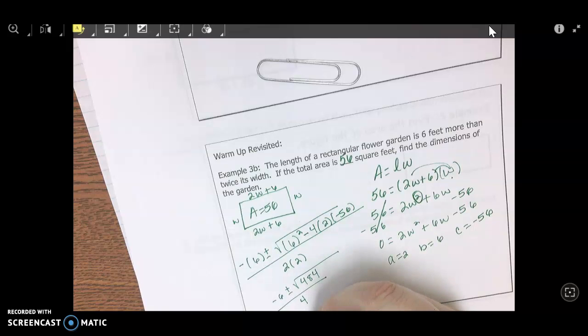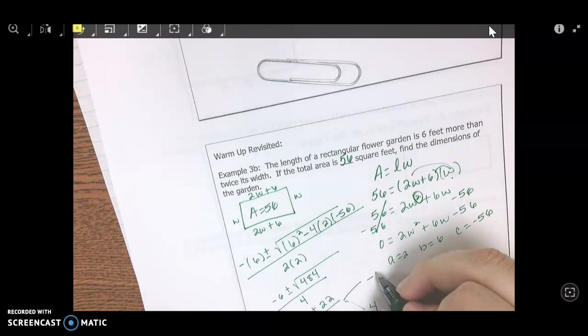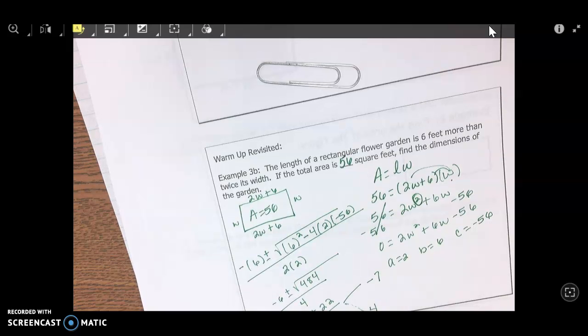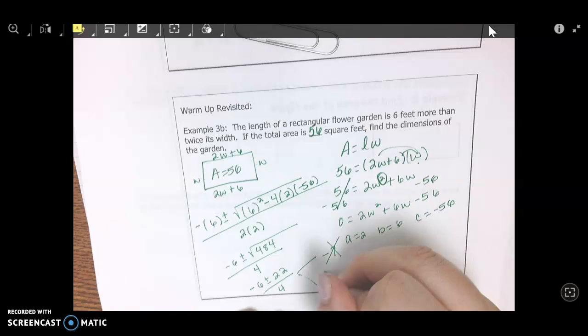So we have negative 6 plus or minus 22 divided by 4. When you solve that out, you get 4 and negative 7. When we're dealing with dimensions, you're not going to have a negative value, so you can cross out the negative 7. So W here is just 4.